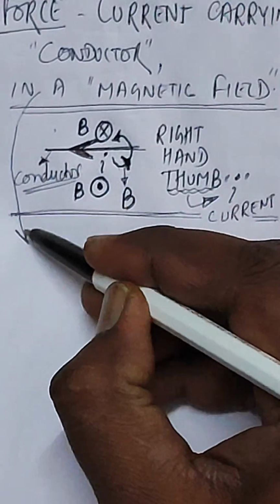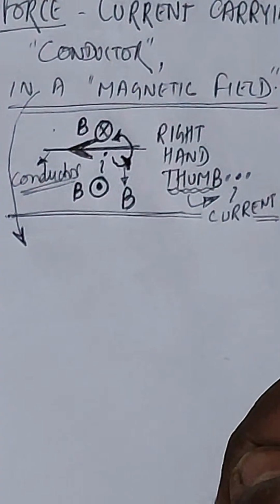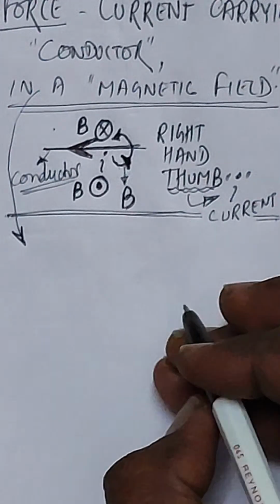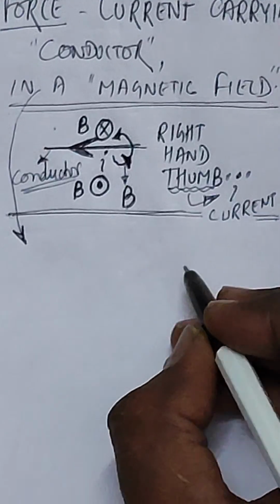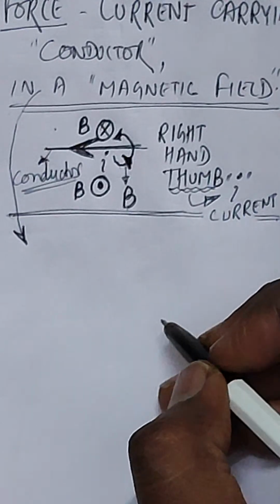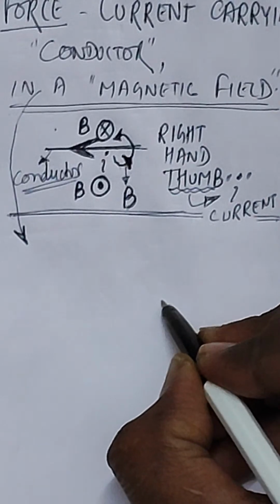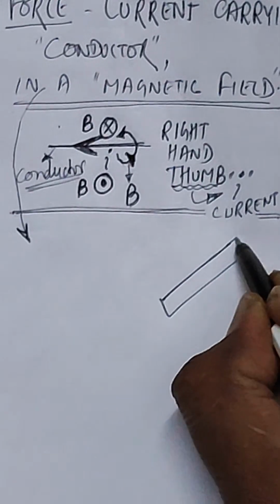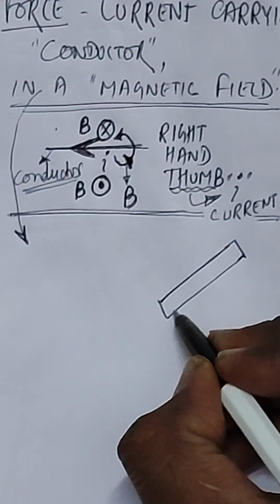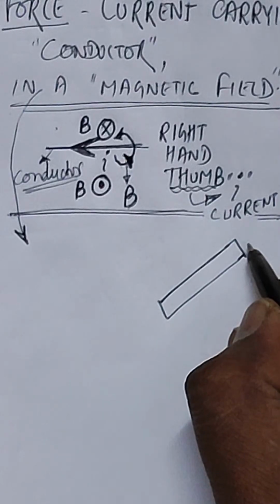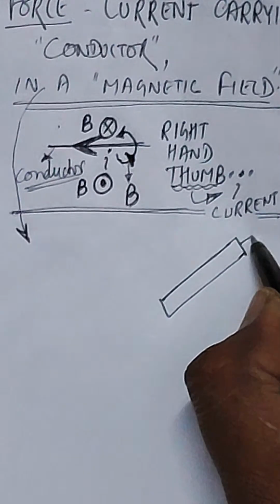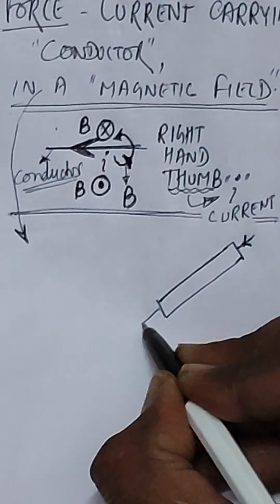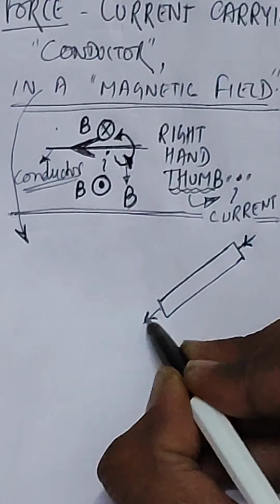So here we will be applying Fleming's left hand rule. How it will be applied, you can see. If you have seen the question given in the NCERT, the experiment is that a conductor is hanging like this, and a current is flowing from here and exiting the conductor like this.